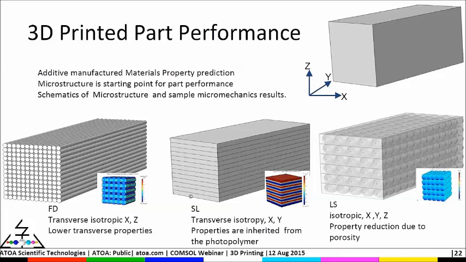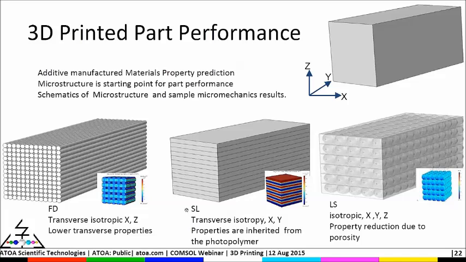The middle one is the stereolithographic process and its microstructure. You can see this is built layer by layer from a polymer with the photopolymerization process. So you would expect a microstructure like this, and the properties will be transversely isotropic.